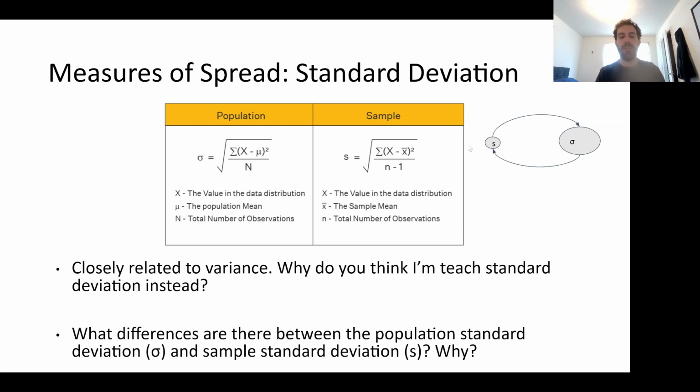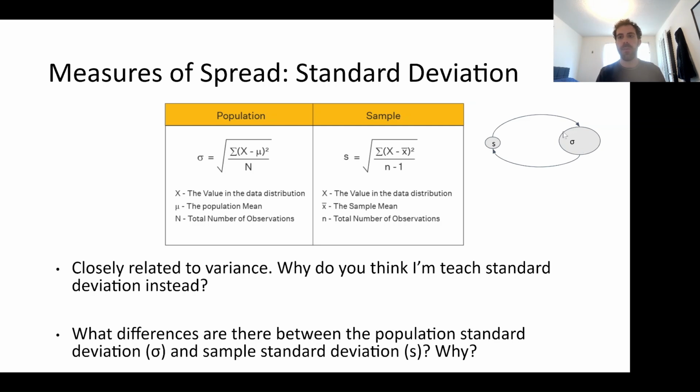But the idea behind standard deviation is it's a calculation to get at how much your data varies. And you can see each of these mathematical symbols is explained below. And just like before with mean, we use a different notation when we're talking about the sample standard deviation as opposed to the population standard deviation.